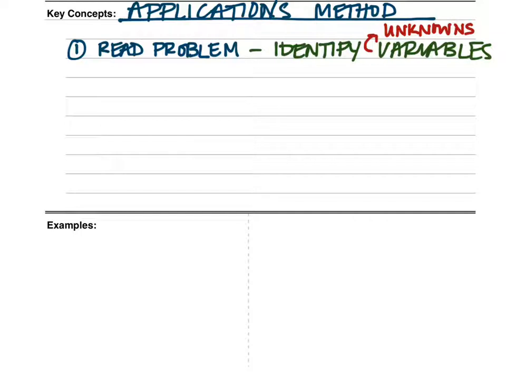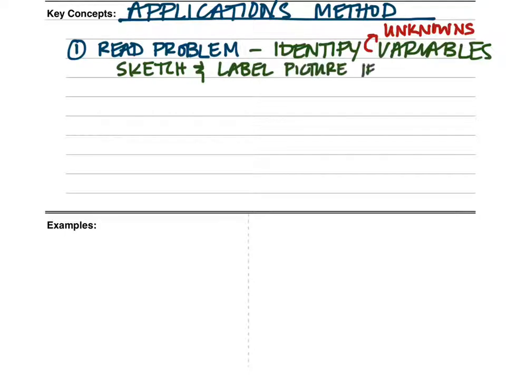Perhaps we bought $3.50 worth of candy, and we wanted to know how many candy bars we purchased. So the unknown could be an amount. Let's take a look at number 2.